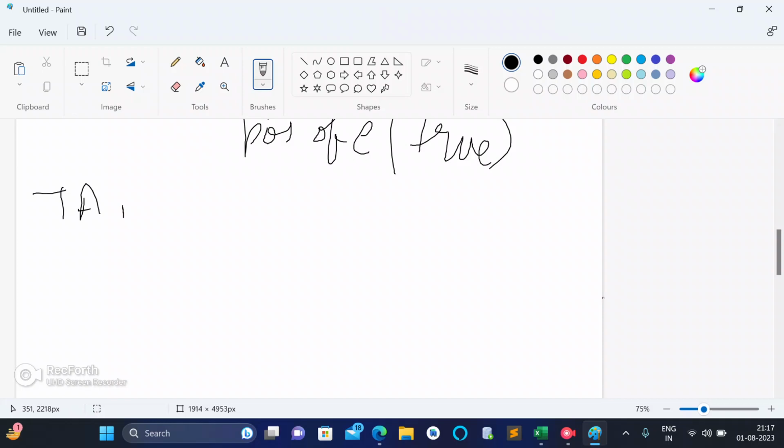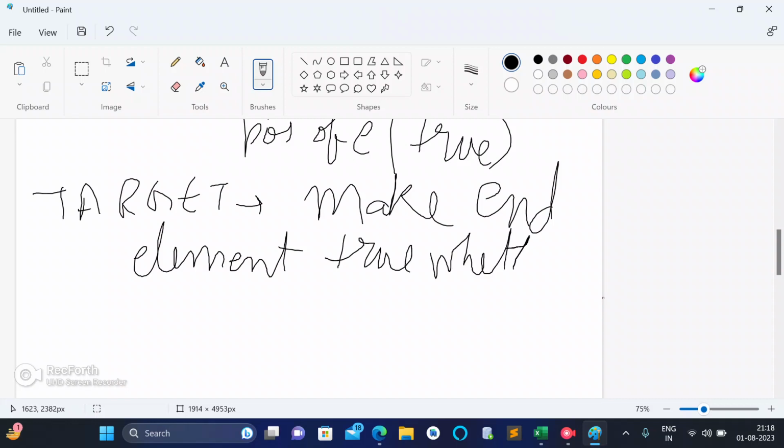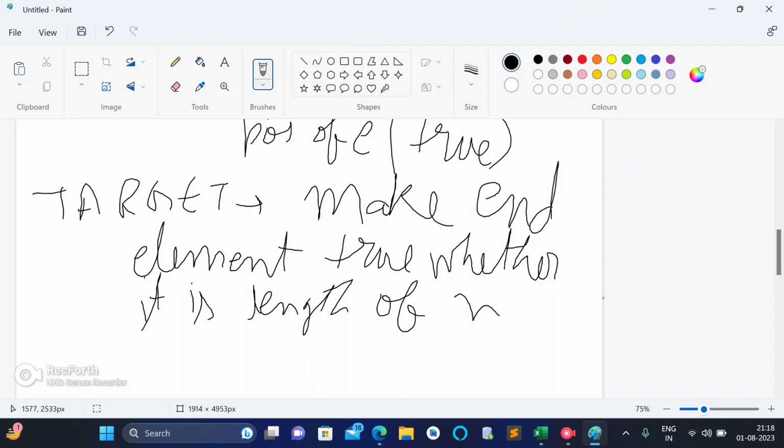So what my target is, to make the end element true, whether it is length or just a number.